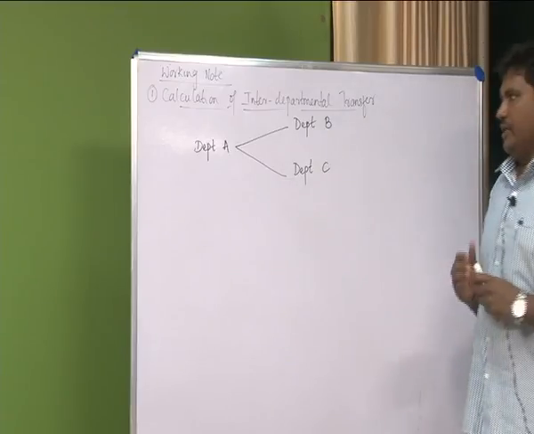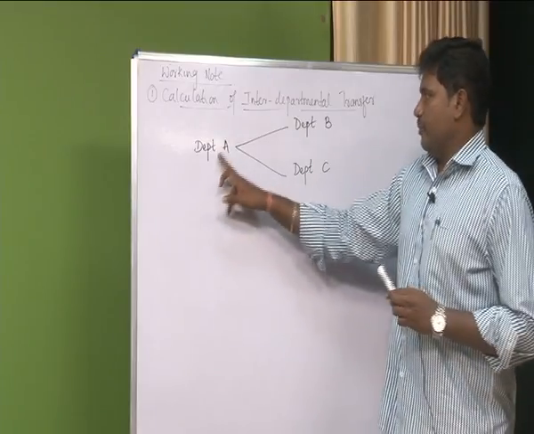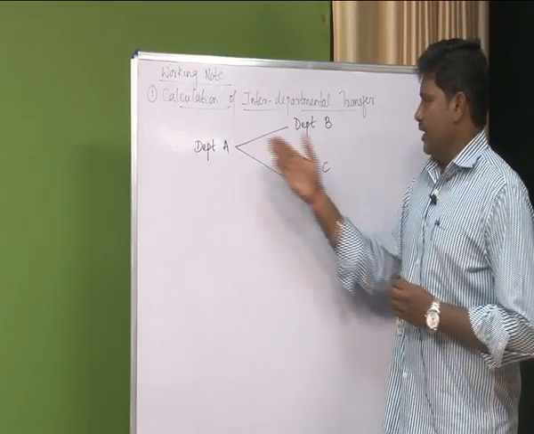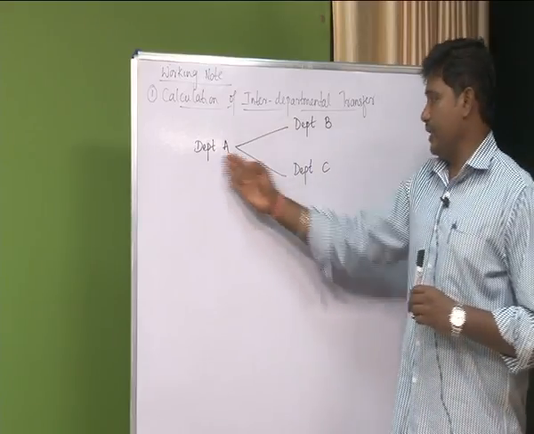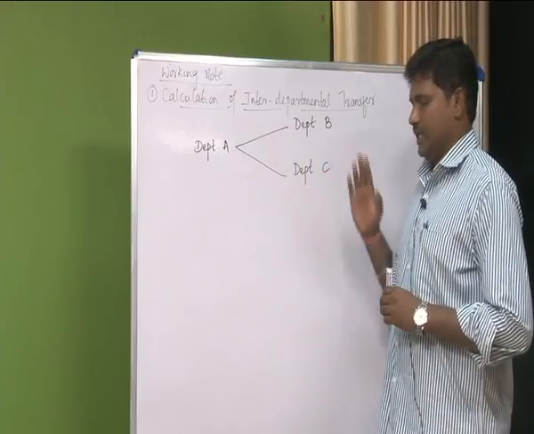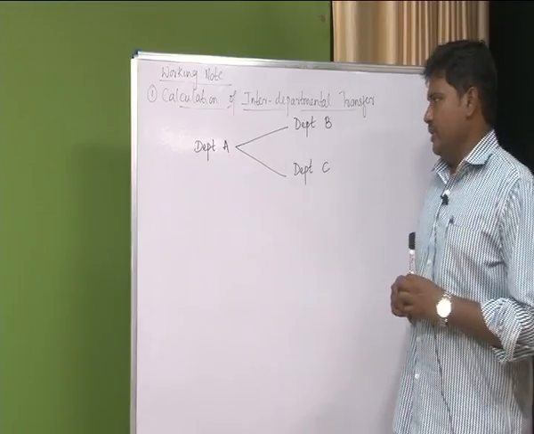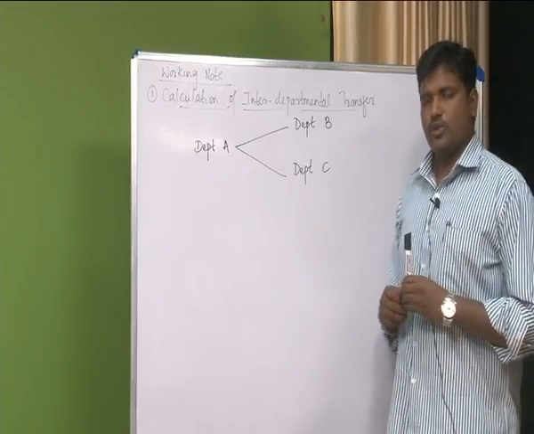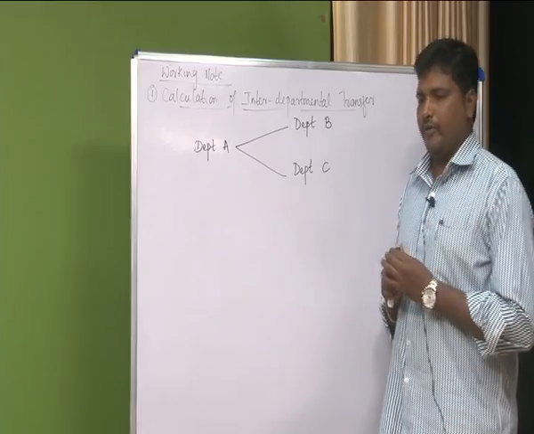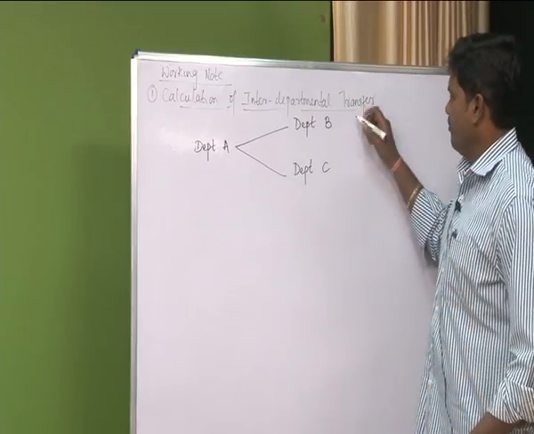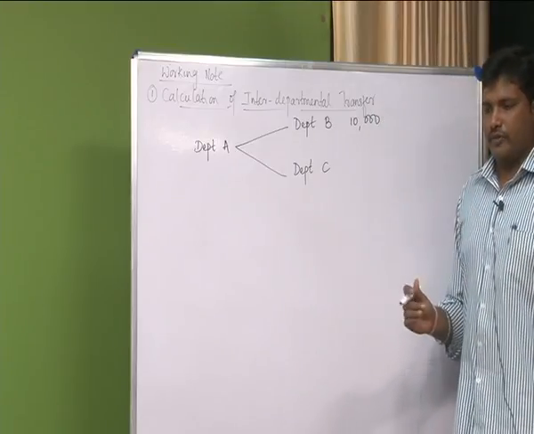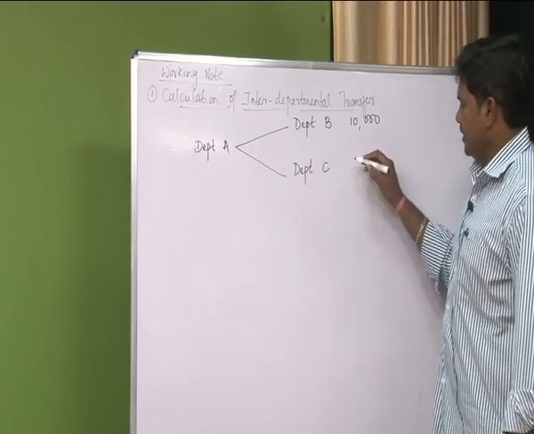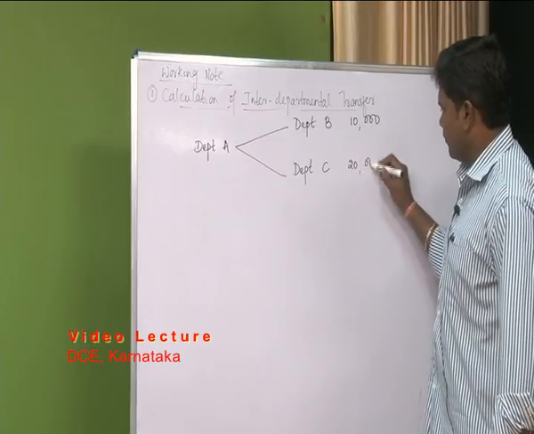I repeat once again, goods transferred from Department A to Department B and from Department A to Department C. So we will see how much is the amount. Goods transferred from Department A to Department B, as in the question, is 10,000, and goods transferred from Department A to Department C is 20,000.